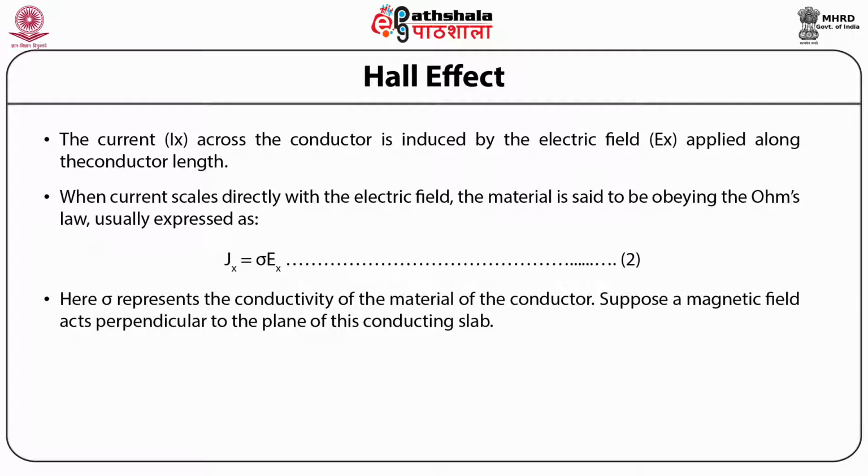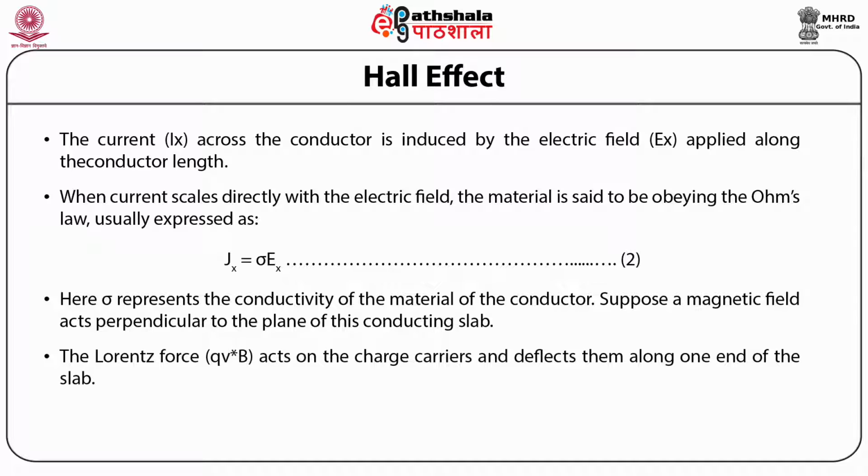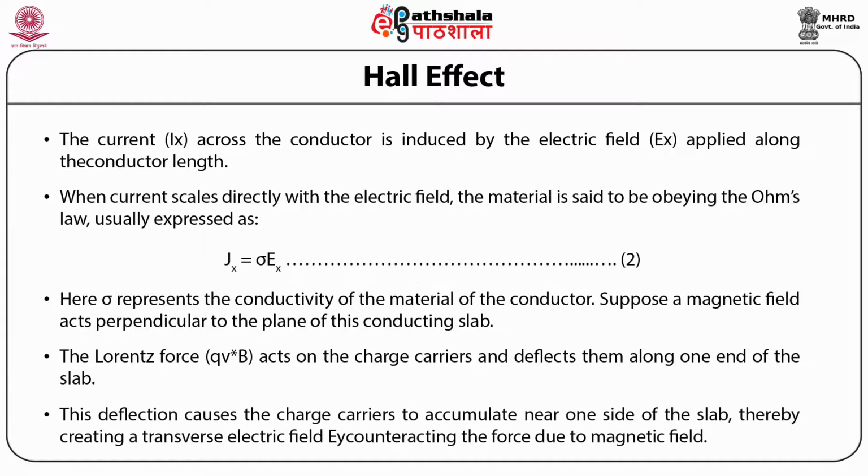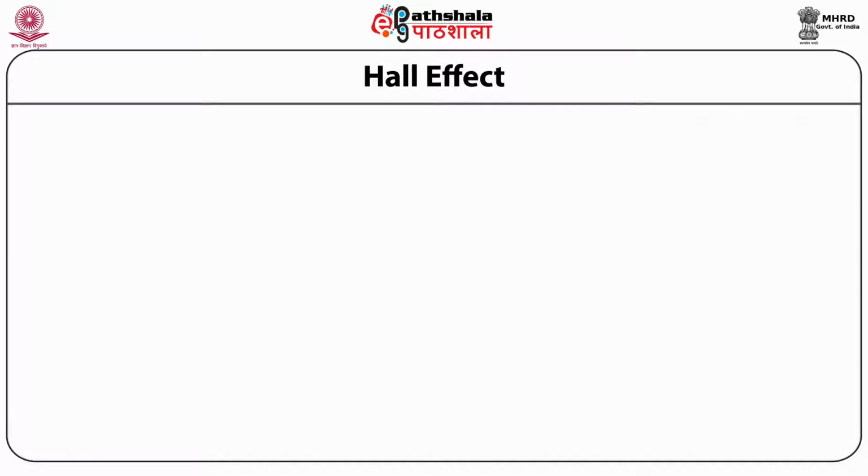Suppose a magnetic field acts perpendicular to the plane of this conducting slab. The Lorentz force, that is QVB, acts on the charge carriers and deflects them towards one end of the slab. This deflection causes charge carriers to accumulate near one side of the slab, thereby creating a transverse electric field Ey, counteracting the force due to the magnetic field.